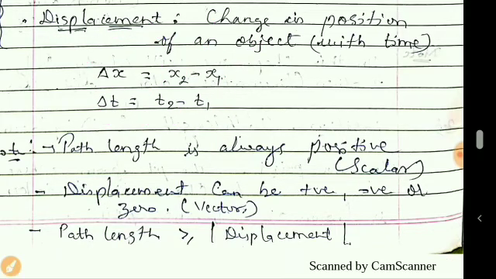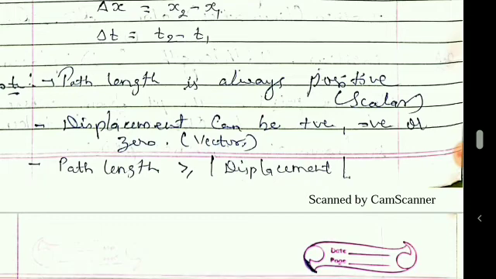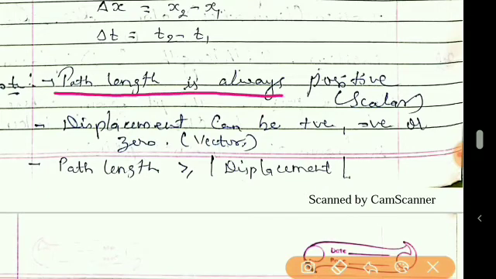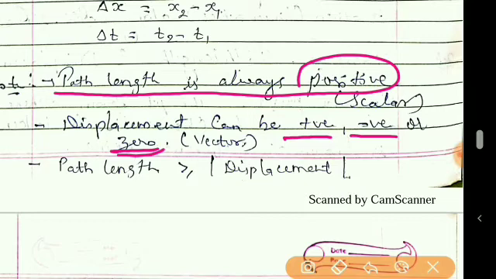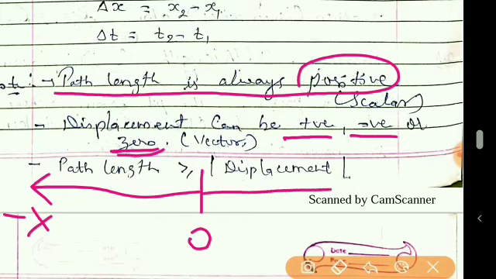Now next is, path length is always positive, but displacement can be positive, can be negative, and can be zero. It means suppose this is the origin and this is the negative x-axis, this is the positive x-axis.